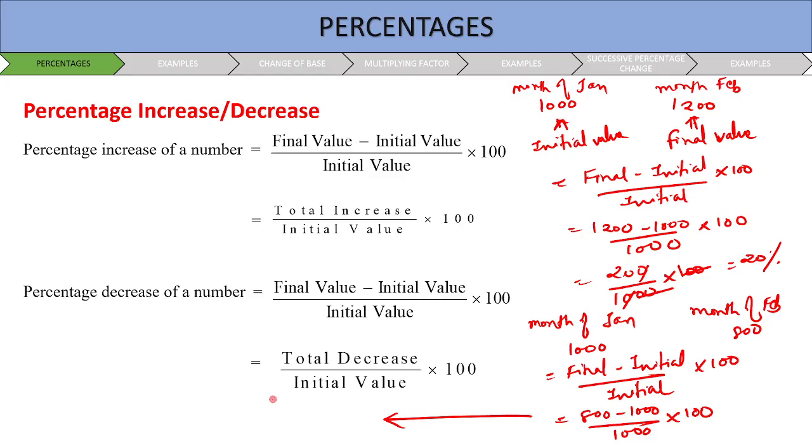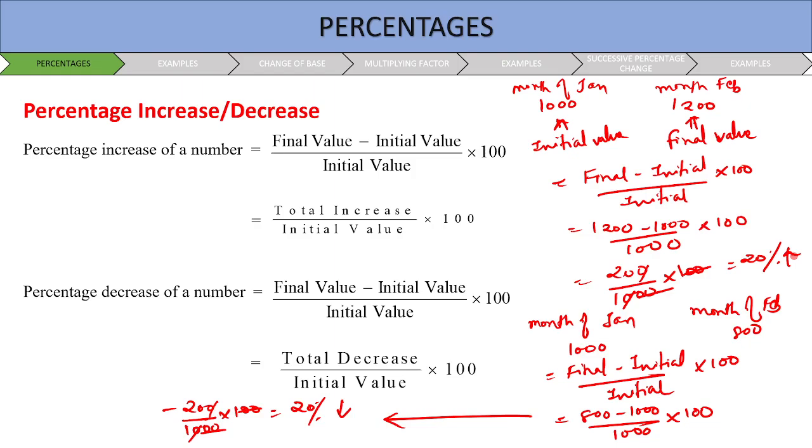On solving it further, it will be minus 200 by 1000 into 100. So it is 20 percentage decrease, and this was 20 percentage increase. I hope this understanding is clear.